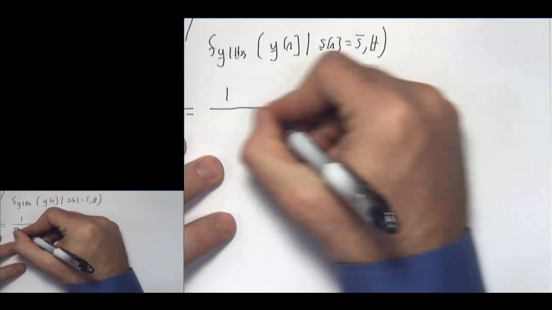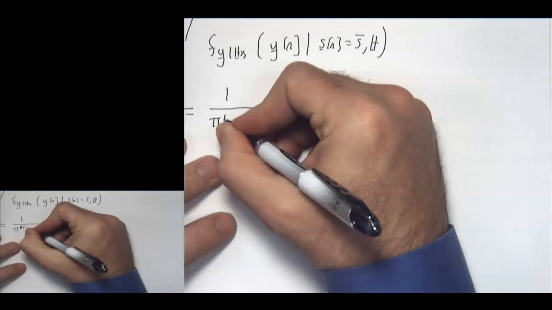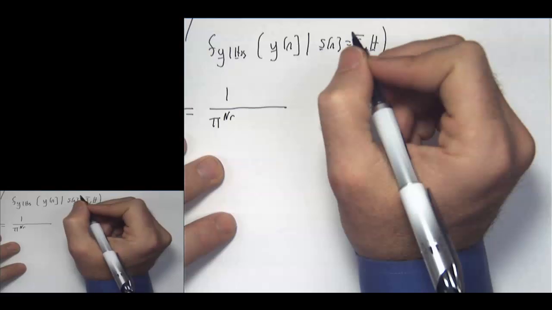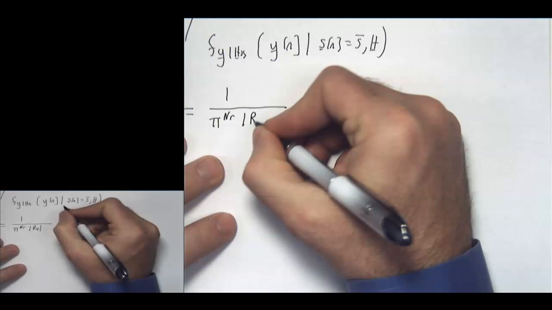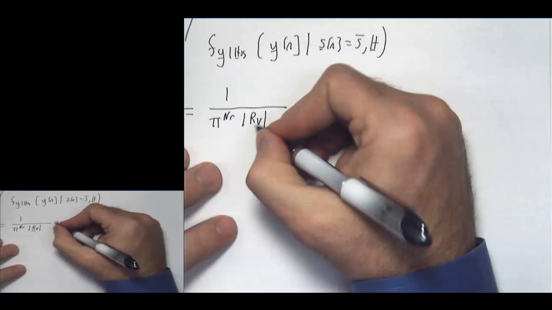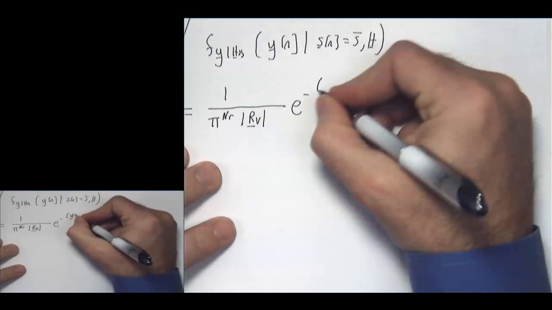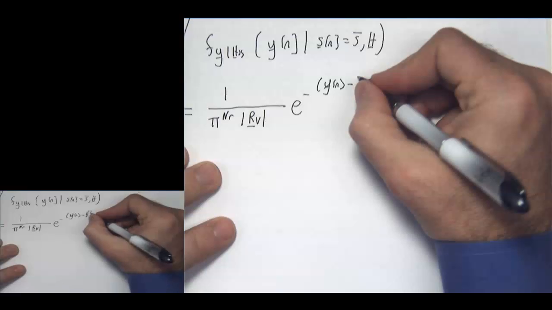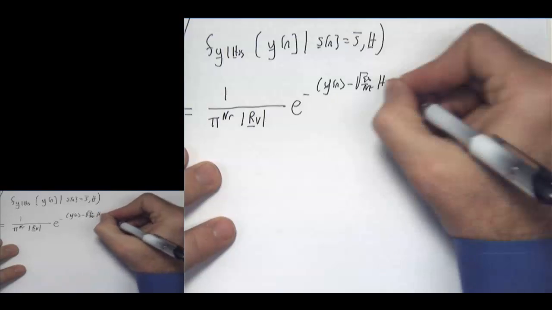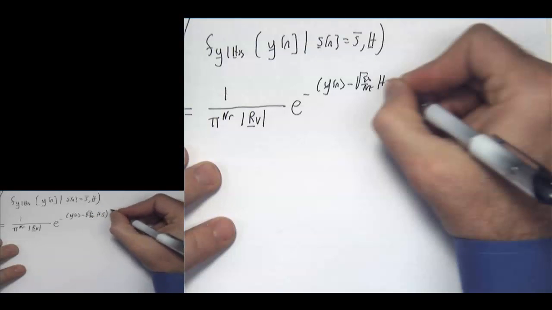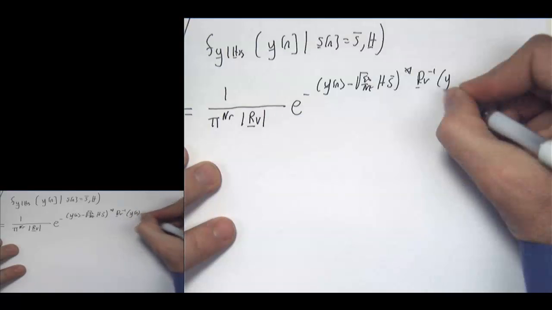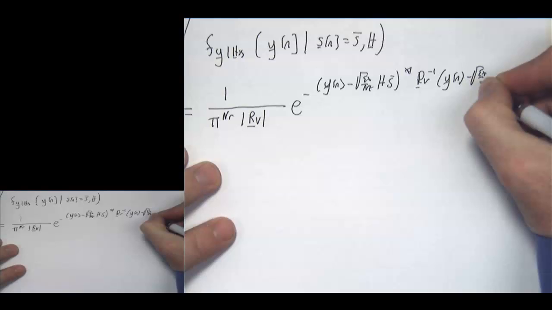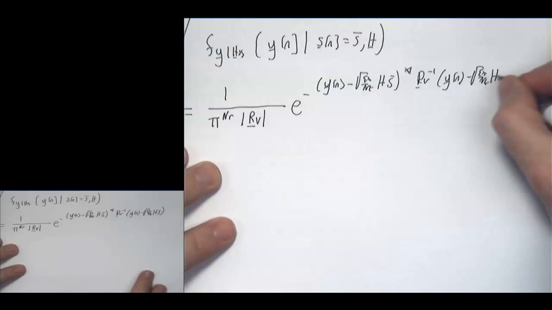This distribution function looks something like 1 over pi to the Nr, determinant of this covariance matrix Rv, e to the minus y of n minus square root of Es over Nt h s bar, star, covariance matrix inverse, y of n minus square root of Es over Nt h s bar here.